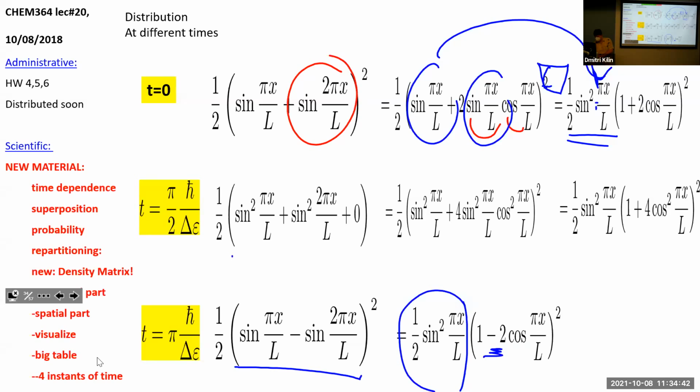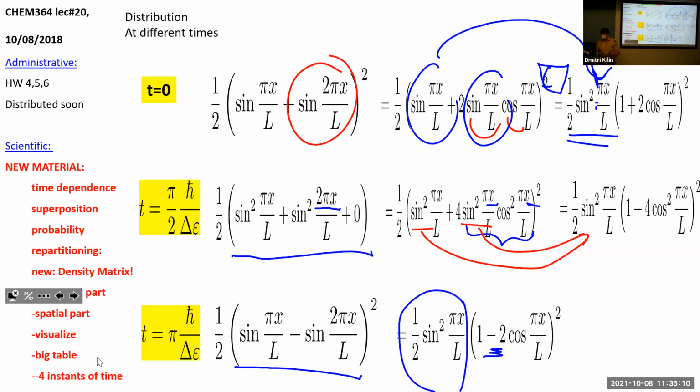And if we process the middle term, then as Joe has suggested, to identify the double argument, sine of 2 pi x will be sine pi x times cosine pi x, and we identify that there is a sine square of pi x that we can place out of brackets once again, right?